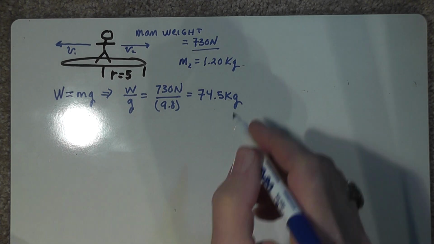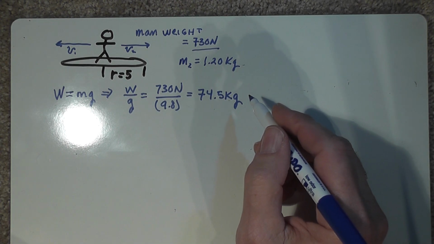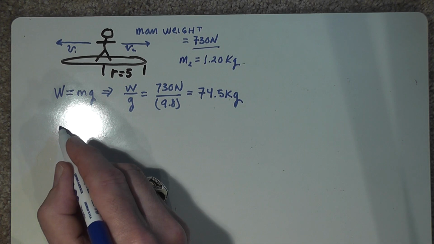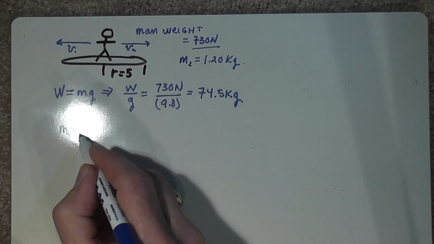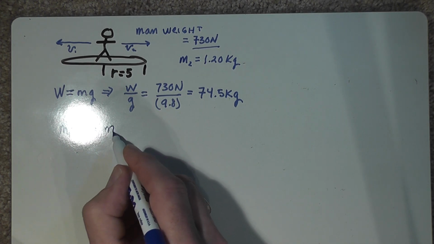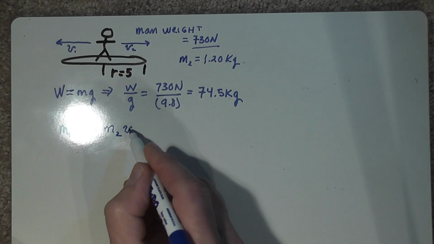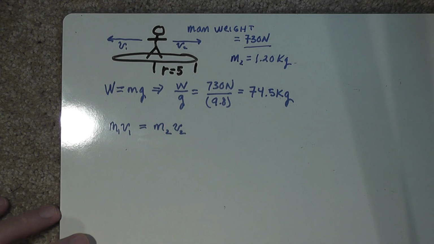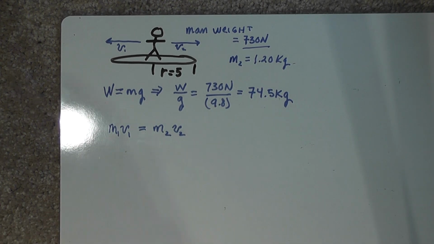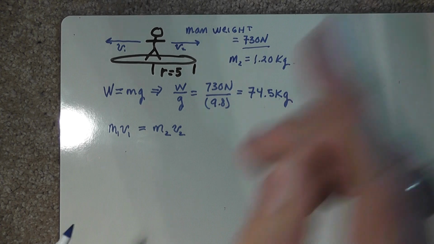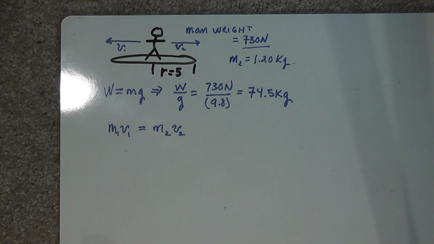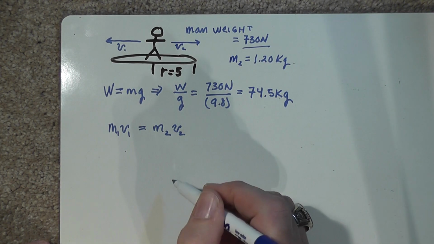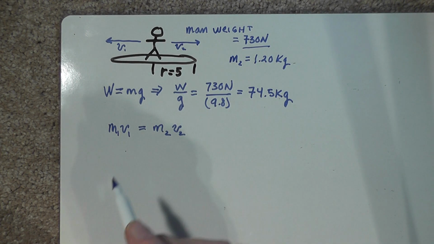So now, by using the law of conservation of momentum, m1 v1 must equal m2 v2. And so what I'm going to do now is solve for v1.